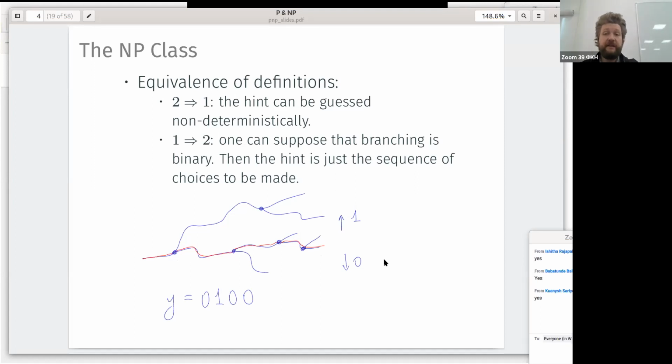So we put our hint as the sequence of choices we made. And we can suppose that this hint was given before the start of our computation.